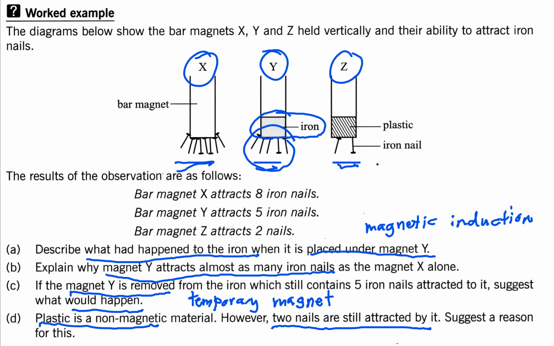Because the magnetic field of magnet Z can flow through plastic to reach the iron nail. As a result, the iron nails can be magnetized by induction and become temporary magnets and can be attracted to magnet Z.